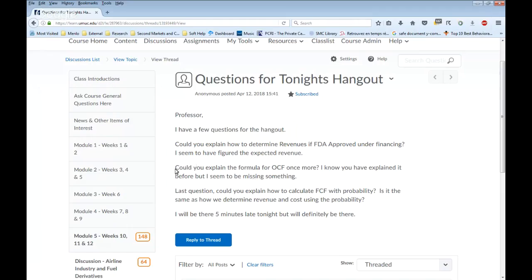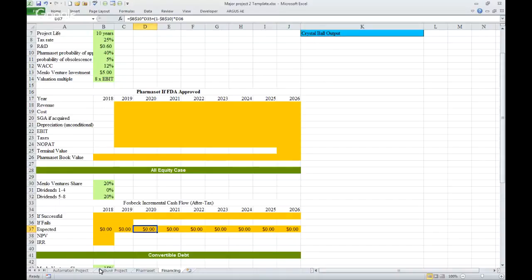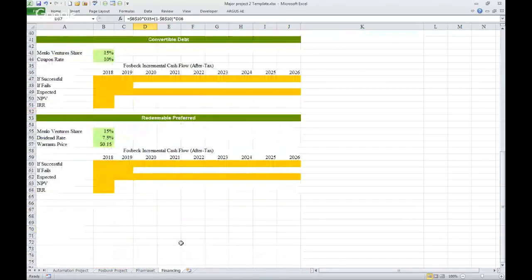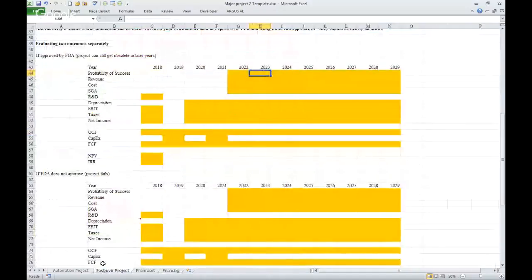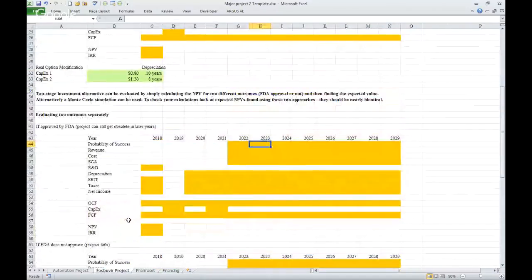The second question, can you explain the operating cash flow once more? Operating cash flow, in general, is the cash flow that I, as a company, receive from the operations. So it should ignore my financing costs and effects of financing.